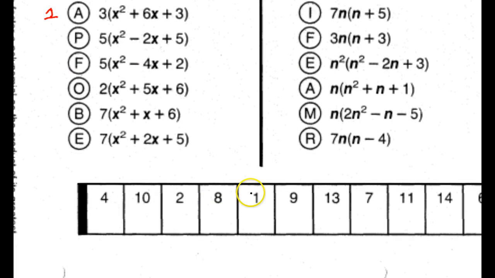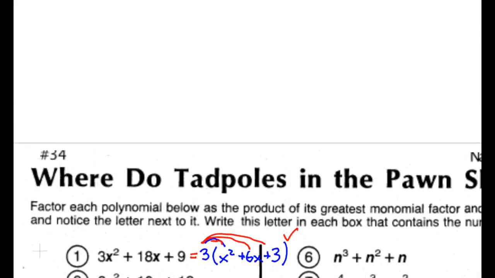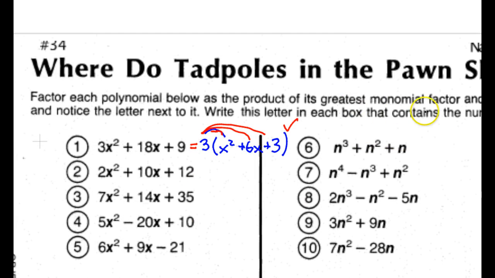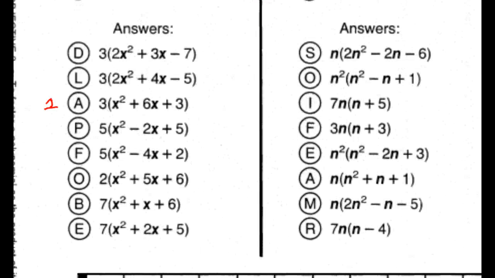Go down here, under 1. So you'll see, remember it said to take out the greatest monomial factor and another polynomial. These right here are the greatest common factors, also known as GCF.